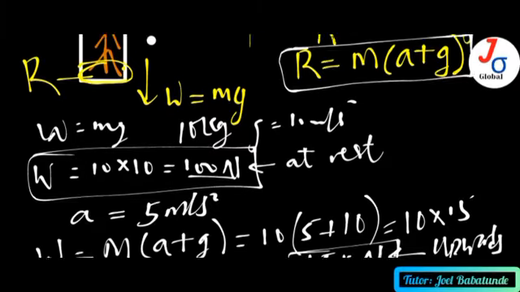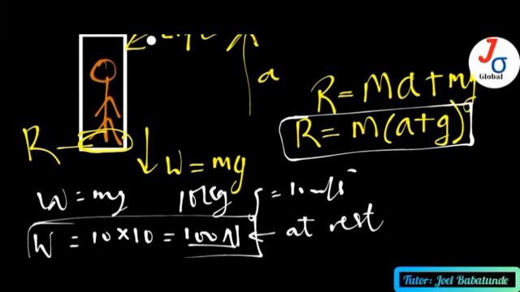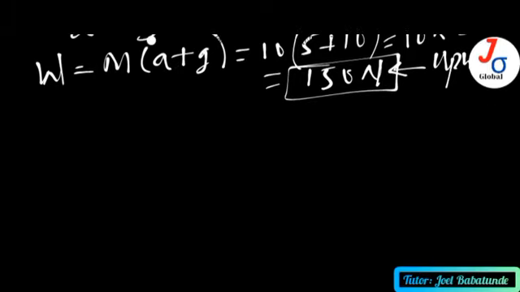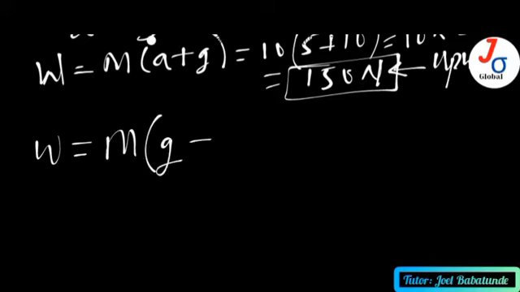Now when the lift is moving downwards, let's say with acceleration a, the reaction is actually given like this. The weight is given as m(g minus a).